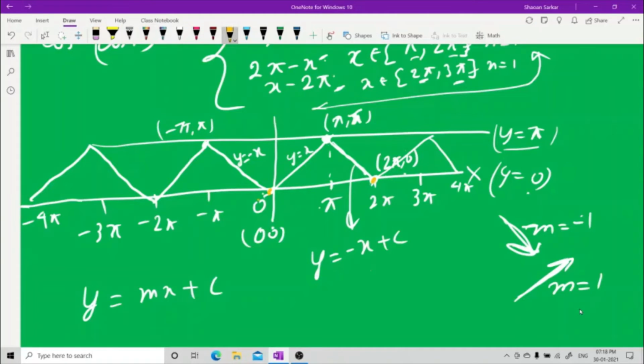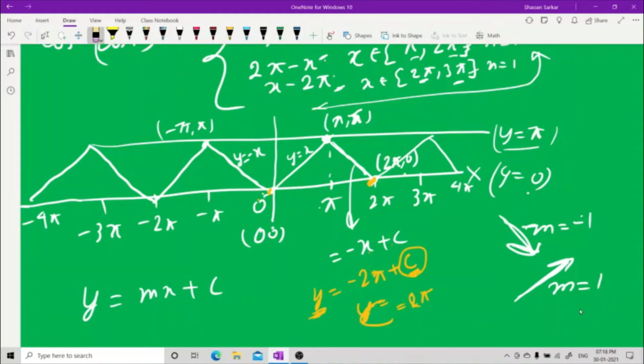At this point, what will come is 2 pi comma 0. So here y equal to minus 2 pi, and what should be the value of c so that y becomes 0? C should be 2 pi always. So the equation of this line is minus x plus 2 pi. See what I'm saying.